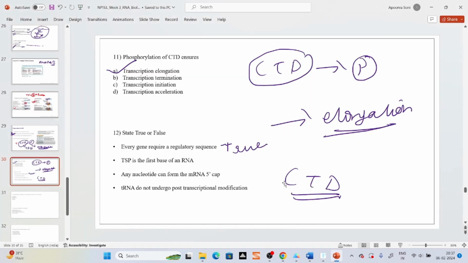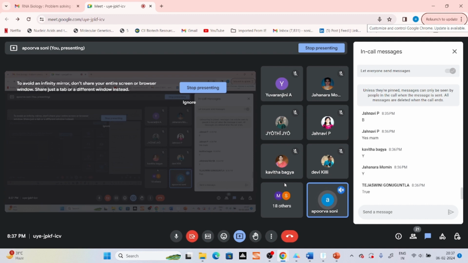So TSP is the first base of RNA, true or false? Tell me, what is TSP? Nobody is answering.